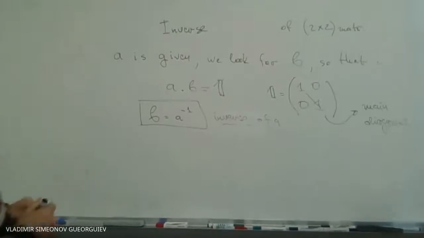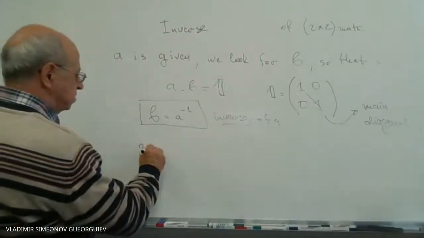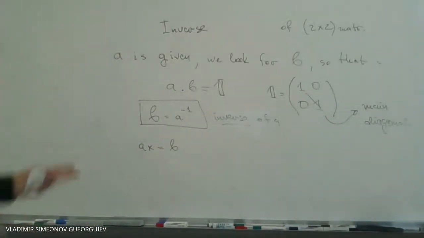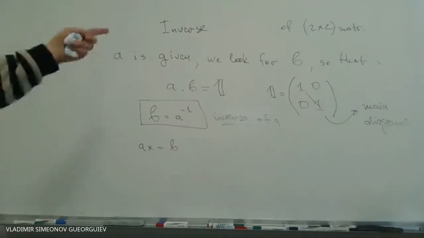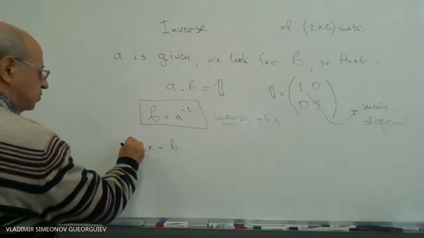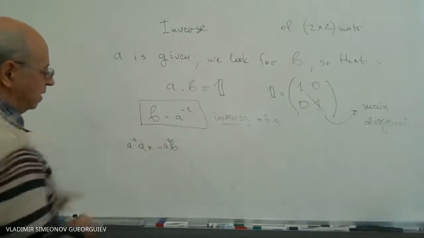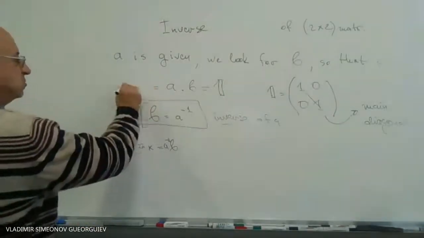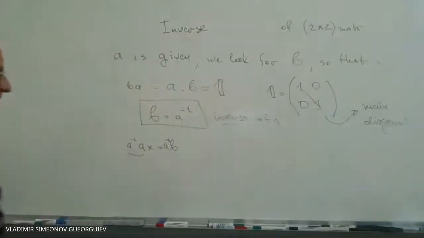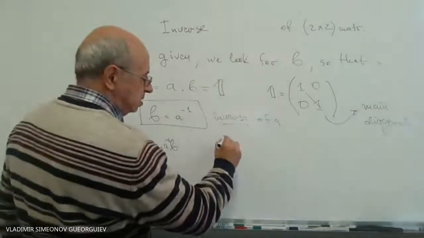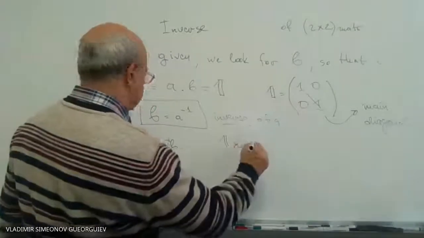For example, if you have this equation, AX equal B, how do we proceed? We say if A is invertible, has an inverse, then I can multiply both sides by A minus 1, and then this product A minus 1 A is equal to the identity, but this is the identity matrix applied to X. What does it mean?